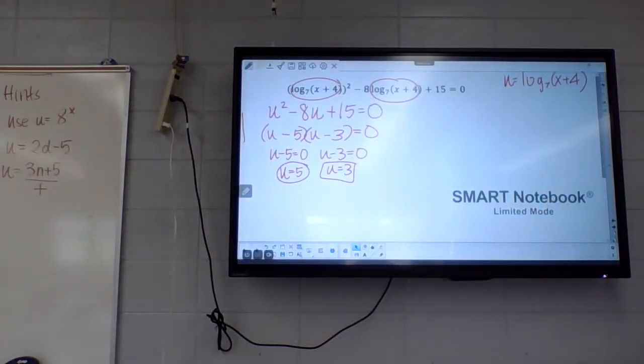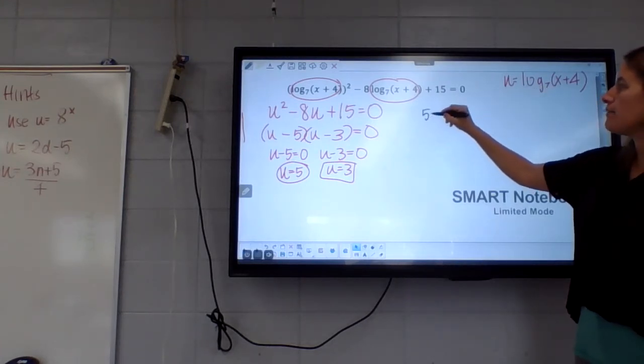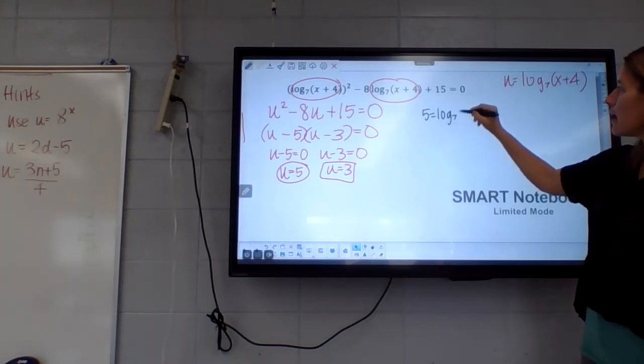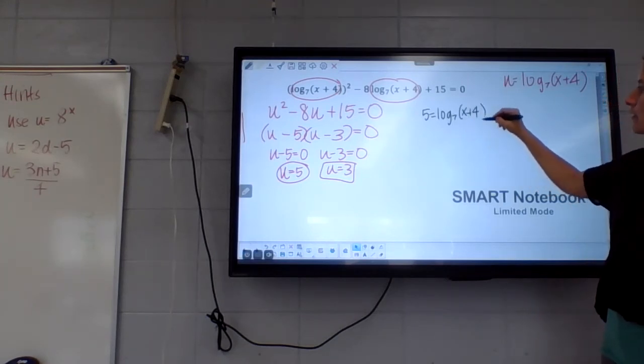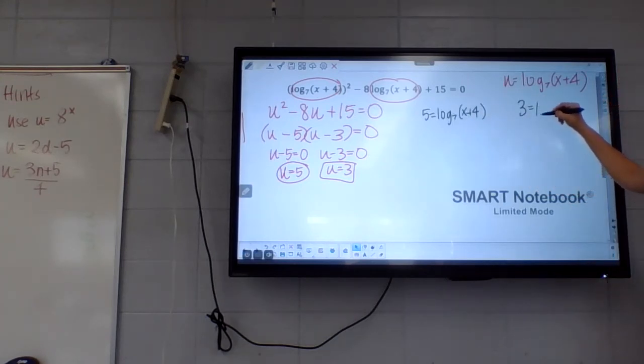So my next step with this, once we get our U's, now we have to put those back in and figure out how to solve this. So 5 equals log base 7 of x plus 4. And 3 equals log base 7 of x plus 4. But we should know how to do this. Again, that's switching back to that exponential form.